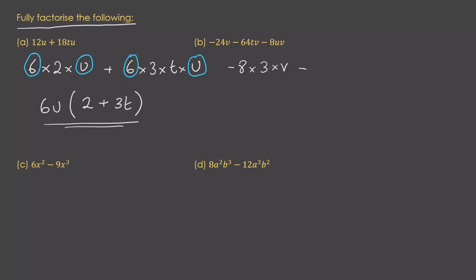The second term, I'm going to have as negative 8 times 8 times t times v. And then the final term is negative 8 times u times v. Everything has negative 8.